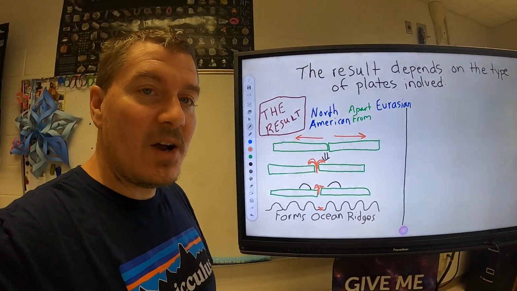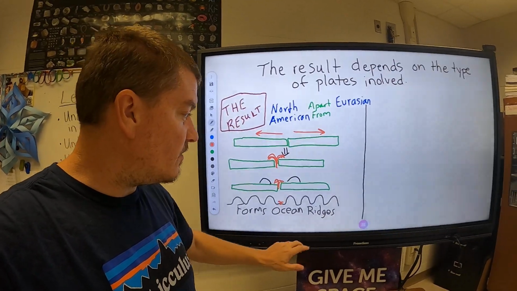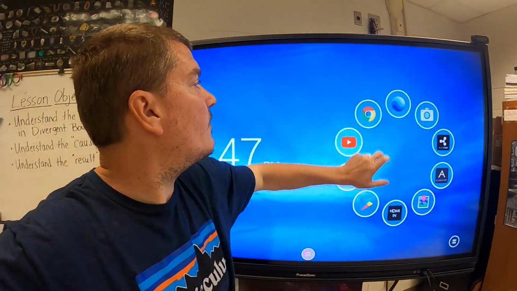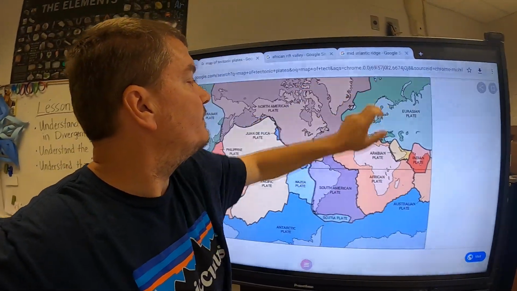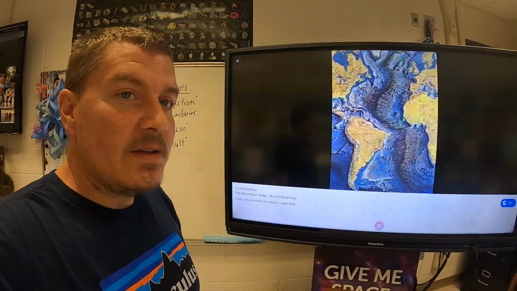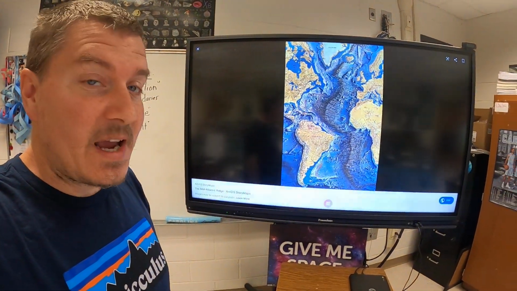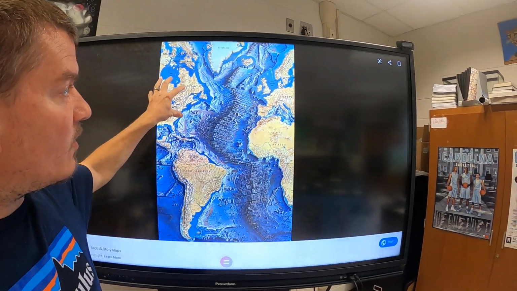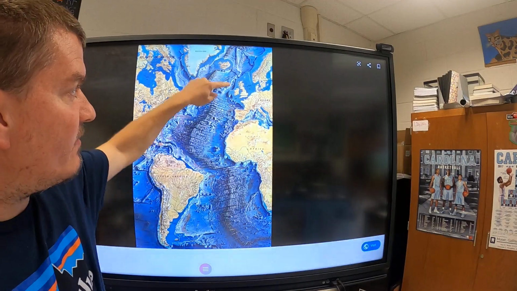So the bottom of the Atlantic Ocean has all of these ocean ridges. I'm going to switch to looking at a picture of that. So this picture is not necessarily to scale, but we can see here we've got South America, North America, Europe, and Africa.